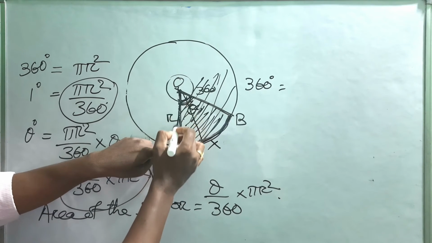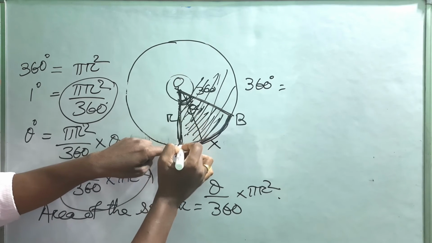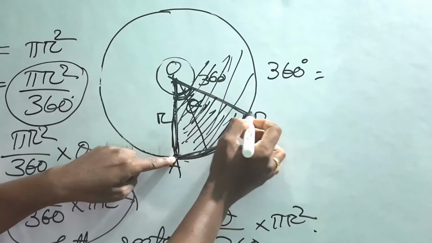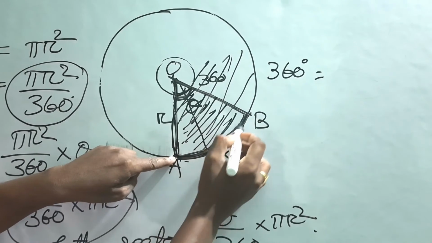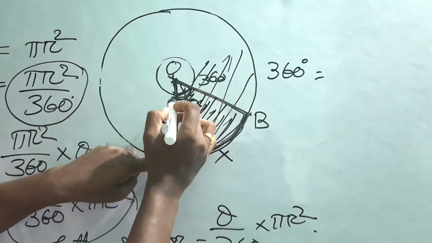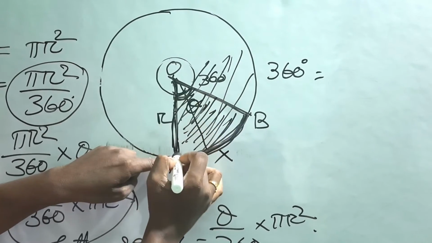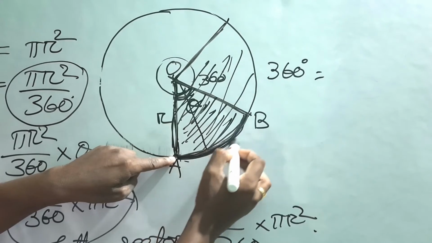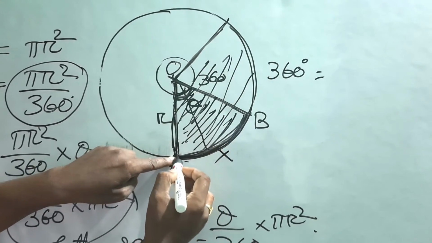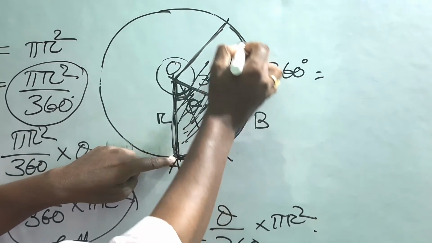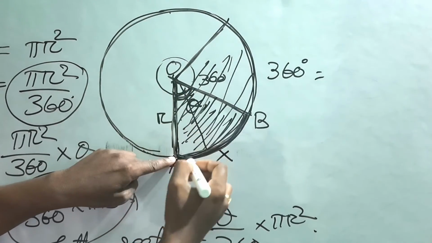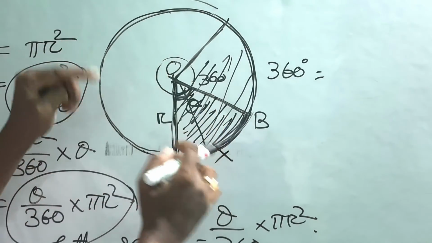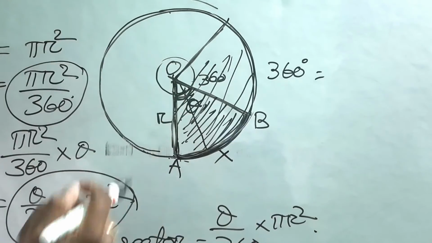When it makes a 360 degree angle at the center, what is the length of the arc? Look here. When this radius moves from this position to this position, this is the length of the arc. But when this radius completes one rotation, what will be the length of the arc? That is equal to the circumference of the circle.